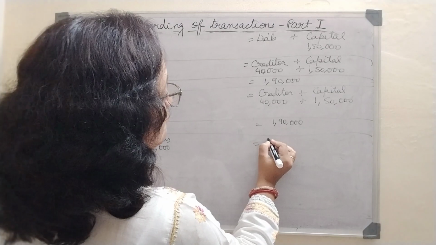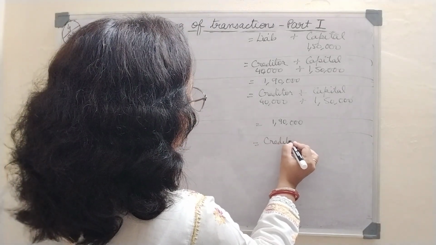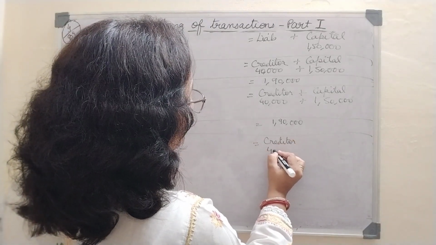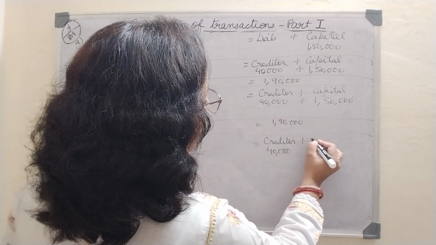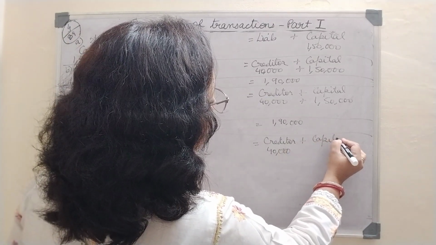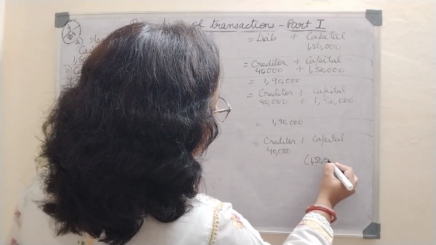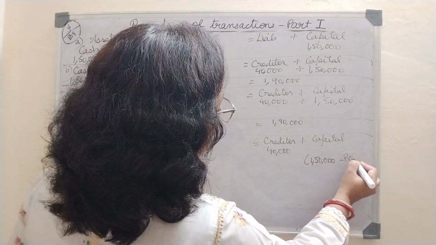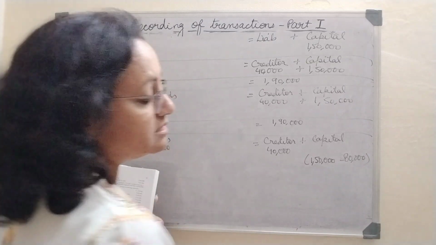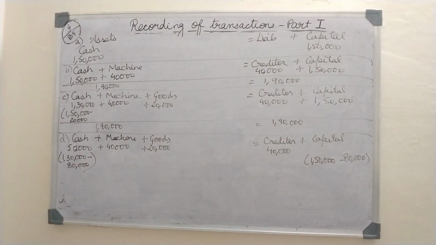Now this creditor remains the same. From capital we will subtract 80,000. So 1,50,000 minus 80,000.